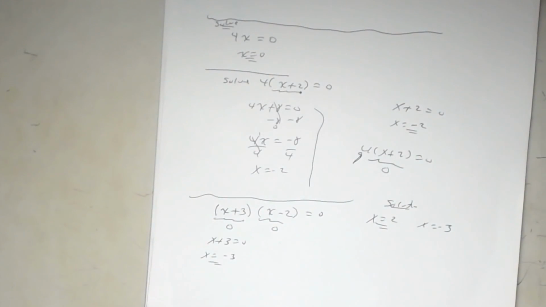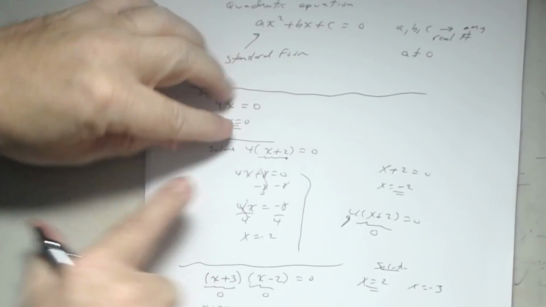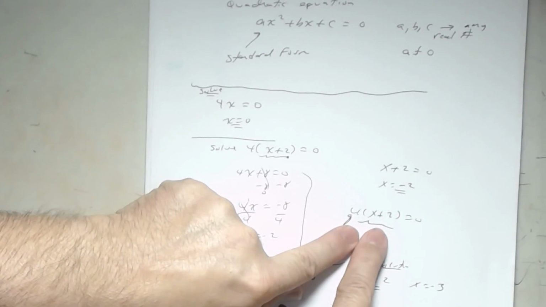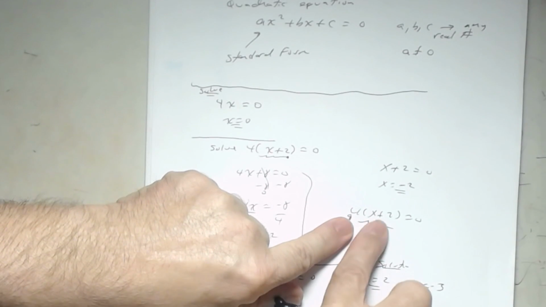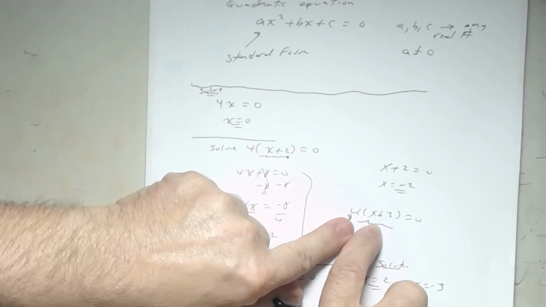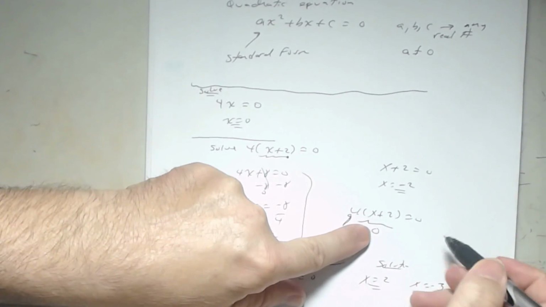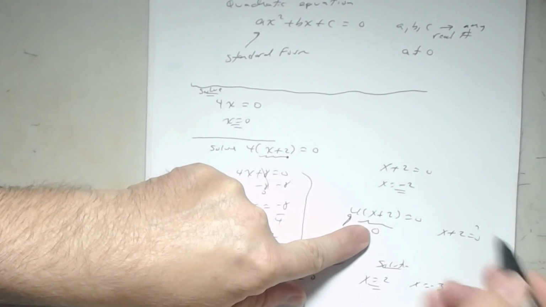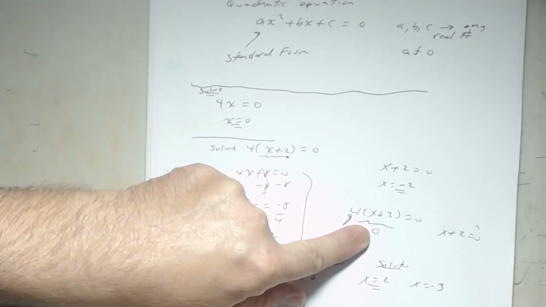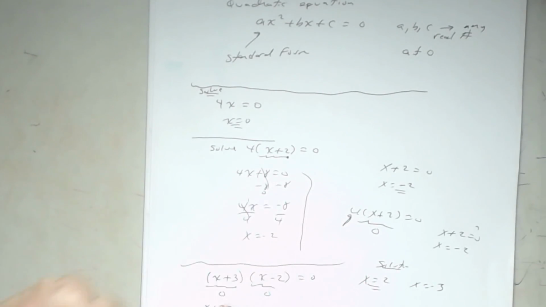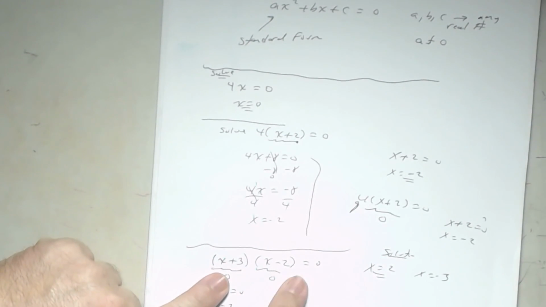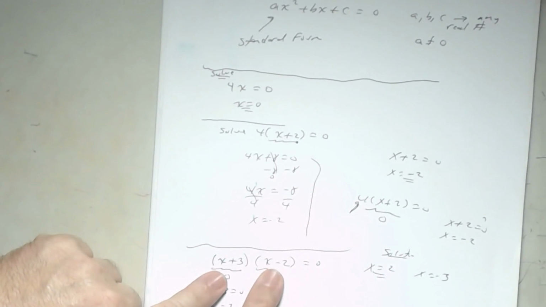-3. So remember we talked about the fact that in order for this product right here to be 0, then one of them had to be 0. It can't be this one because that's 4, so it has to be this one. So we just have to figure out where x plus 2 equals 0. So x plus 2 equals 0 when x is -2. Over here, though, I have a product of 0, but both of them have the variable x in it.